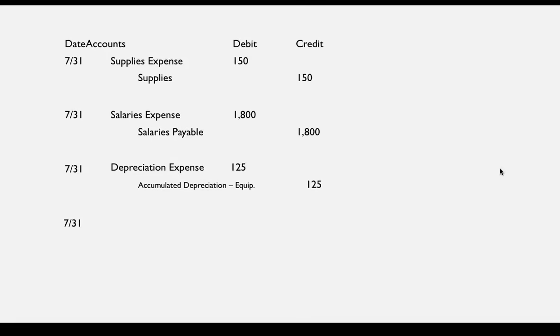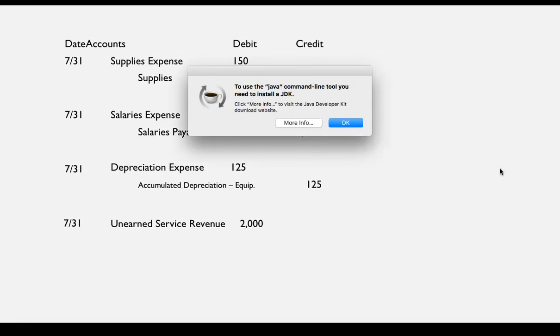So we would want to make sure that we show in our books as well that we have $2,000 less of unearned service revenue. So we want to decrease that liability account.